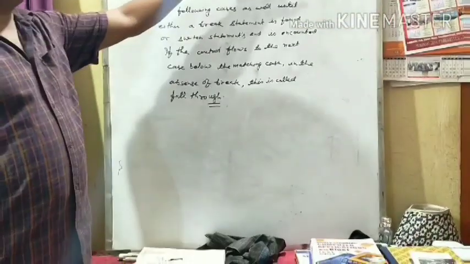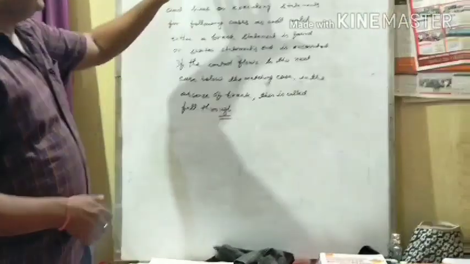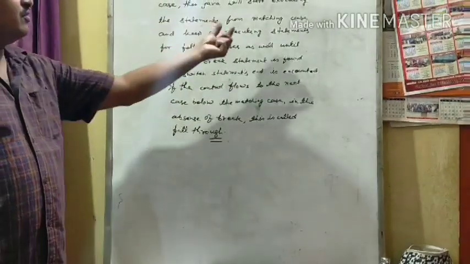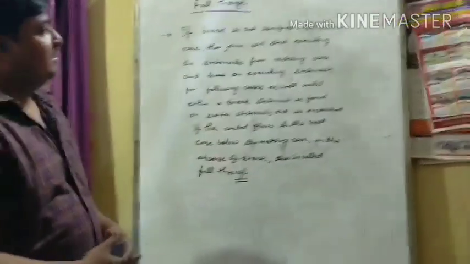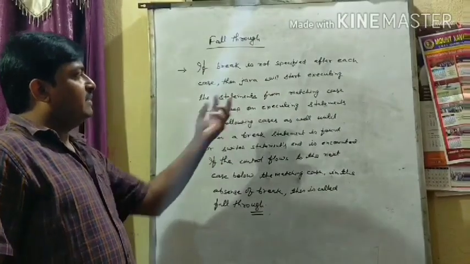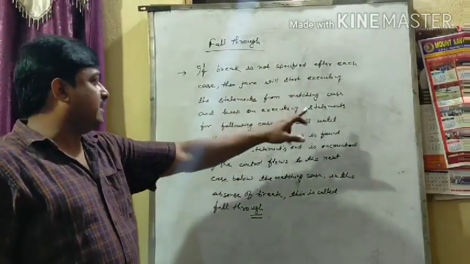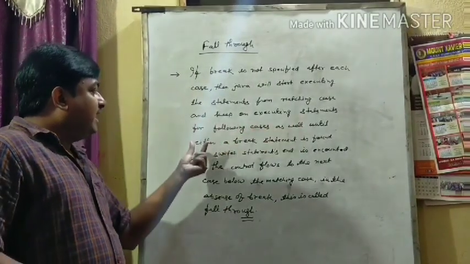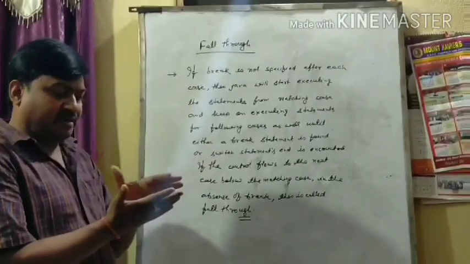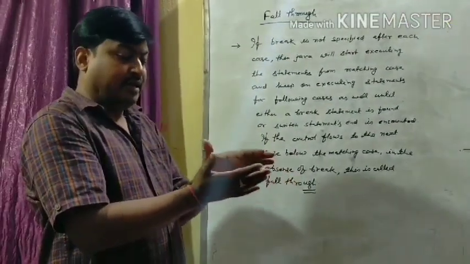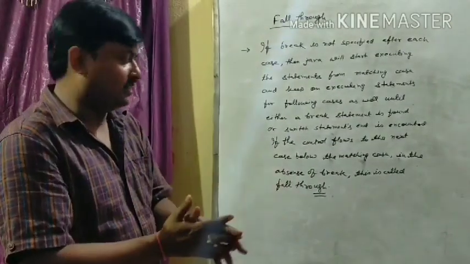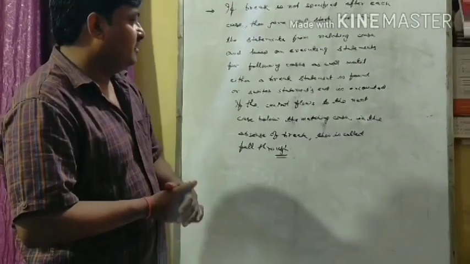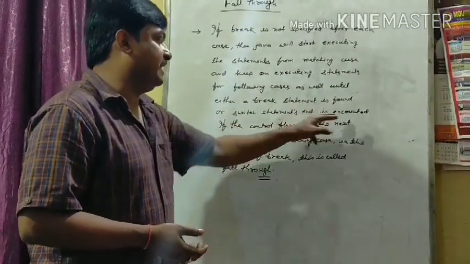Fall through: if break is not specified after each case, then Java will start executing the statements from the matching case and keep on executing the statements of the following subsequent cases as well, until either a break statement is found or the end of the switch is encountered.